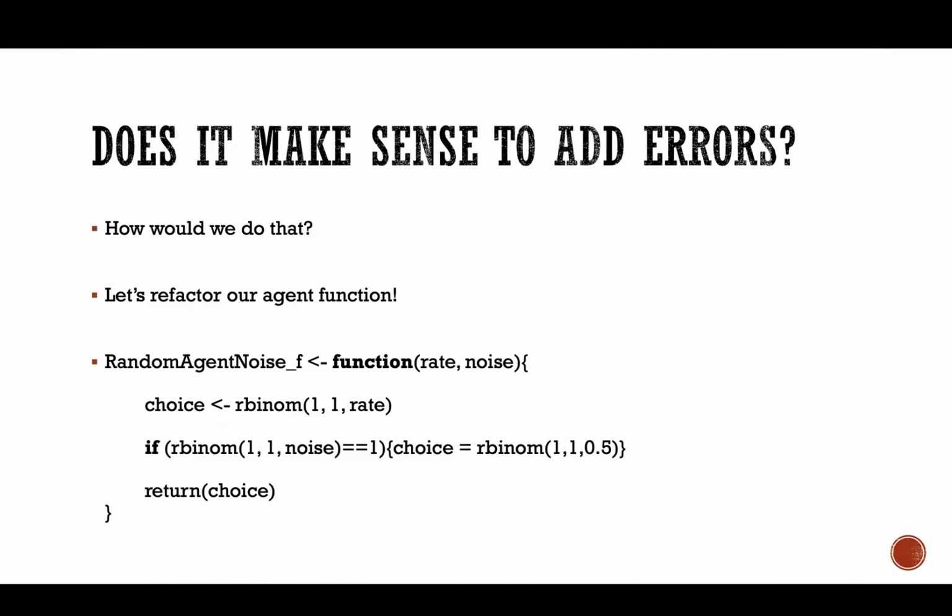And if that samples 1, so if we're in that 10%, it just samples a choice from a totally random binomial. Does that make sense? That says, oh, you get distracted while you're filling the task, and then you push something at random. Or your finger goes down, and it could go down in both directions. Even if you made an error, it could still go down to the right choice according to your internal estimation, but it's a different process.